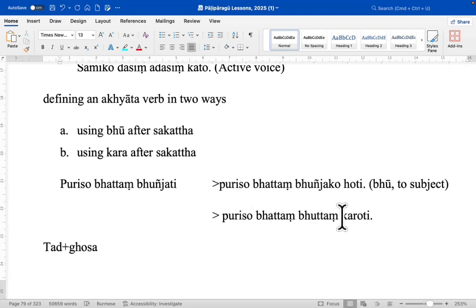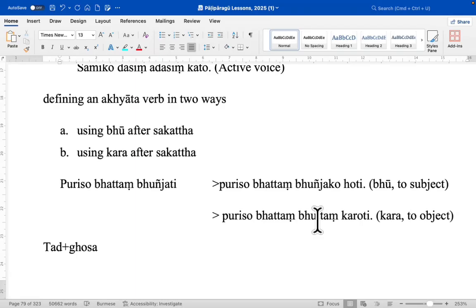When we refer to the object, the sakata must refer to the object. At that time we use karoti. So this is the root kara as a reference to the object. Puriso bhattaṃ bhuñjāpeti. In this sentence there is only one object, because bhuñjati only needs one object.